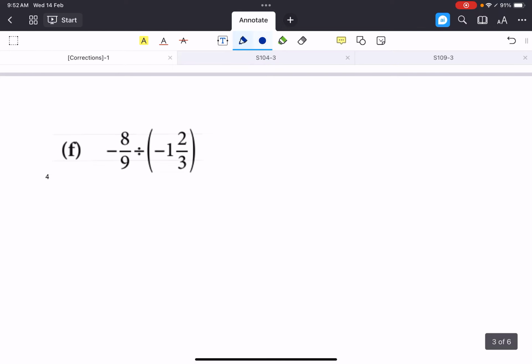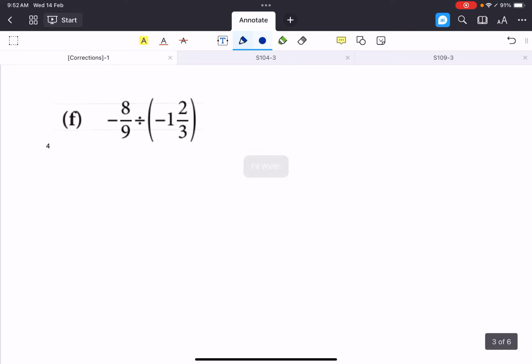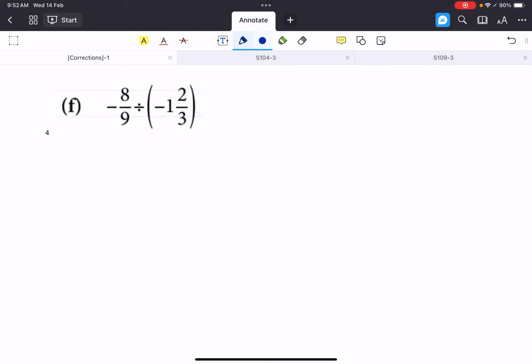Okay, moving on to the next question, question 4F. This time round, we have a division. So again, the first step never changes. Let's write them as improper fractions. It will help us to visualize what we need to do easier. So 1 times 3 plus 2. This will be negative 5 over 3. Now, what we learn is that the division is actually equivalent to the multiplication of the reciprocal.